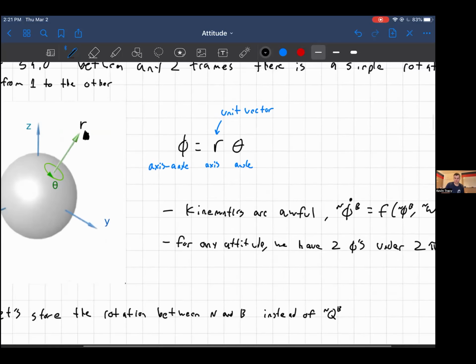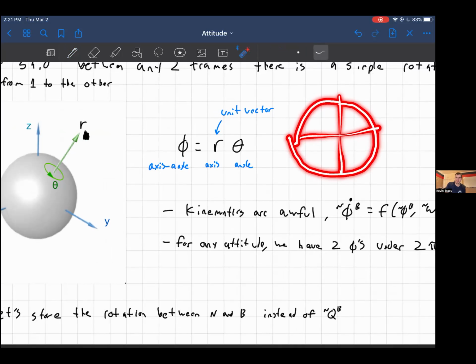And this is pretty important. So what I'm saying here is that if you think about this in the 1D case, I could rotate 90 degrees this direction, or I could rotate 270 this direction. And they both can get me from here to there.